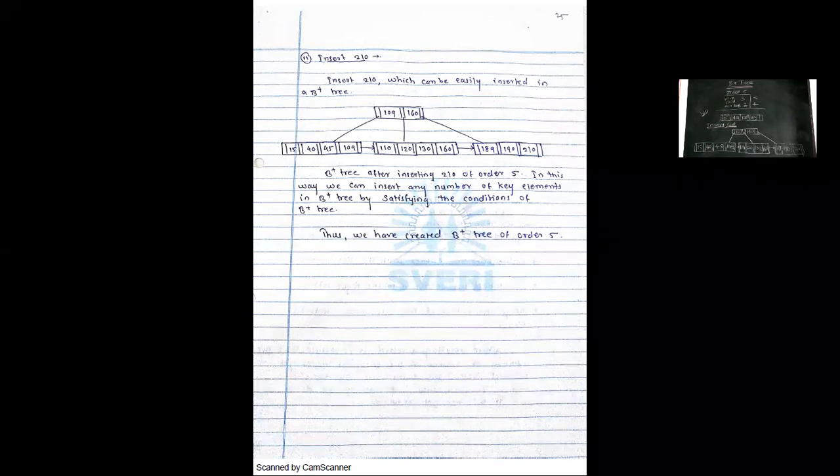And all the leaf nodes are connected with each other. So because of this connection, what will be the benefit? Randomly you can access any of the elements in a B plus tree. So this is the change, and this much modification you have done in a B tree.